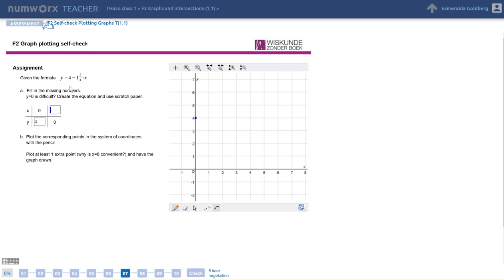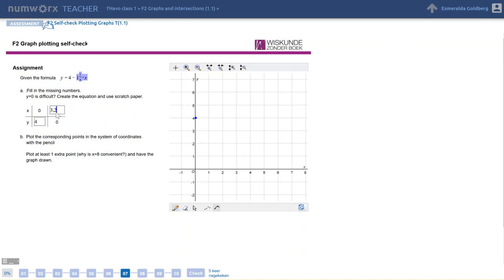Now, we're using the card method again to solve this, and we're going to place our card here.